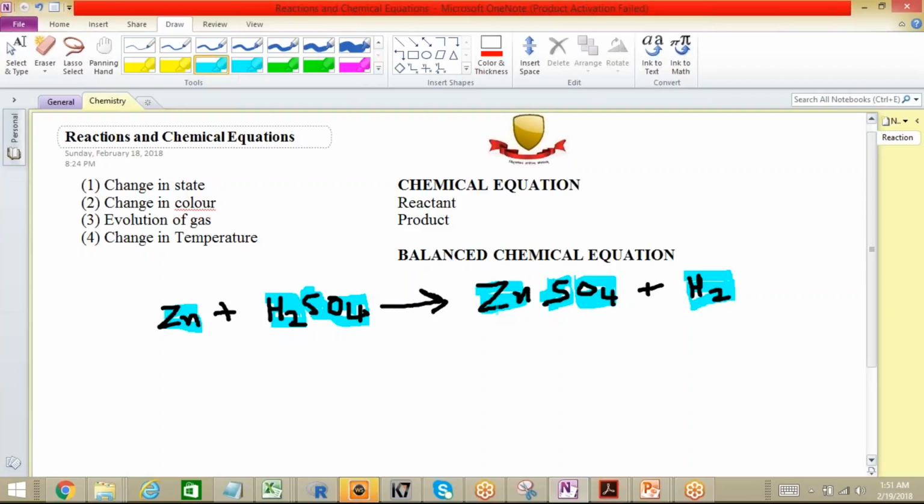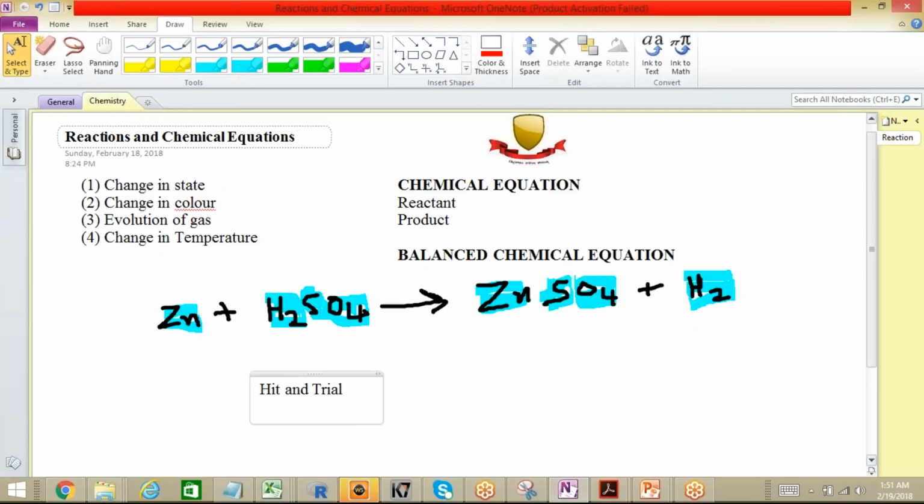There are a few different ways in which we can balance a given equation, which you might study in higher classes also. There is the hit and trial method, which we will follow here because in junior classes we will be using normal kinds of reactions.